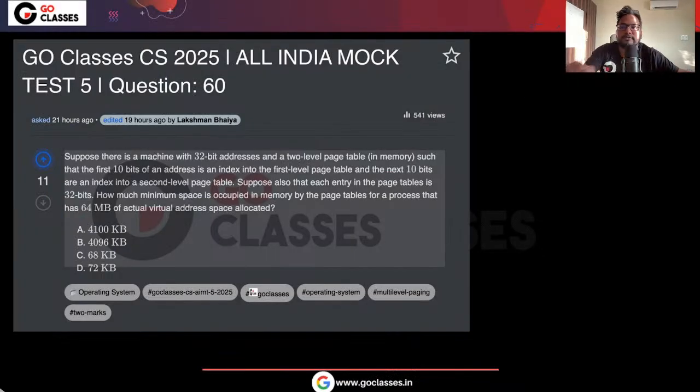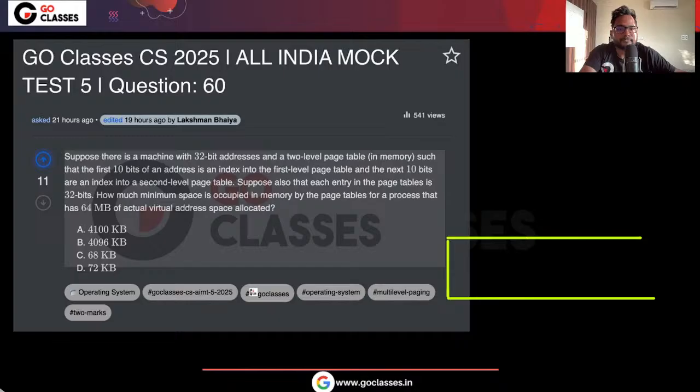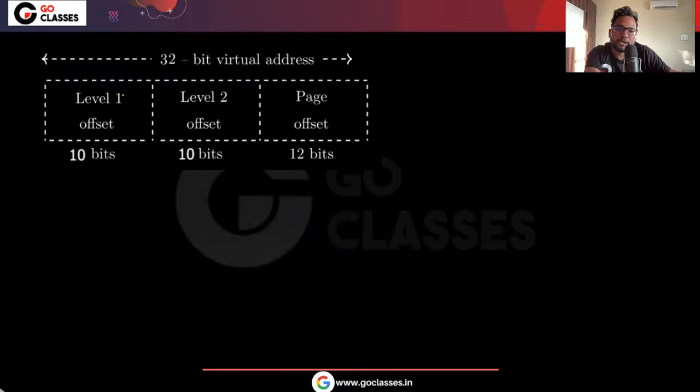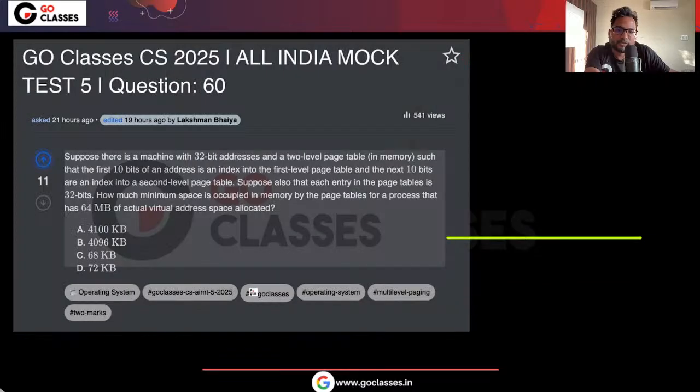What they are saying: suppose there is a machine with 32-bit addresses and a 2-level page table. I think I have the diagram. Okay, let's use the same diagram. They are saying that 10 bits of the address are used for the first level page table and 10 bits for the next level. Suppose each entry in the page table is 32 bits.